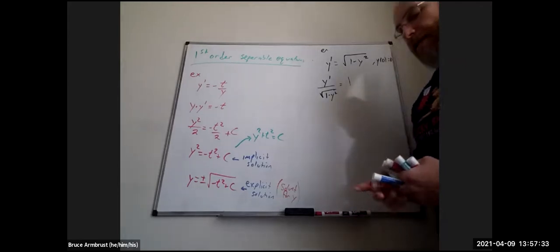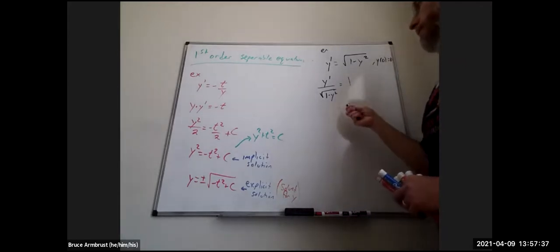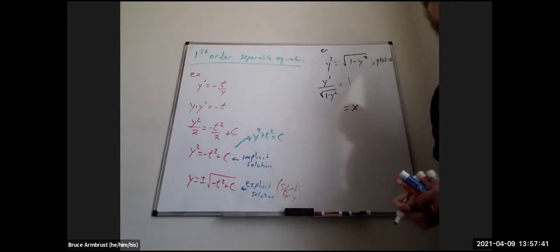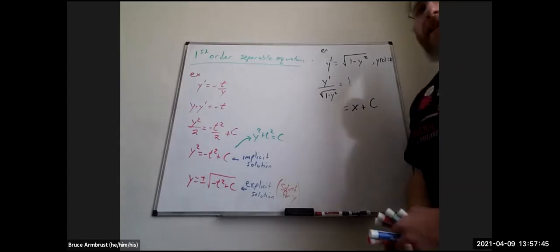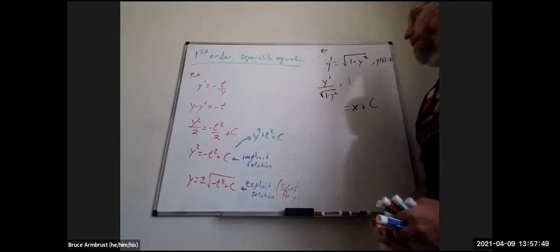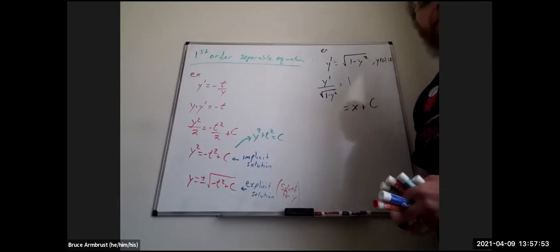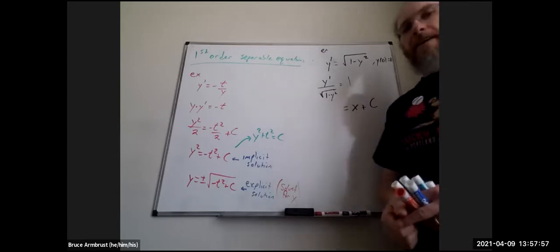Okay, so now we need to integrate both sides. We need to find antiderivatives. Well, we'll start with the right, because that's easy. We'll go to x's this time. So that's just going to be an x plus c. What do we get on the left-hand side? Anybody remember what the integral of 1 over square root of 1 minus y squared is?